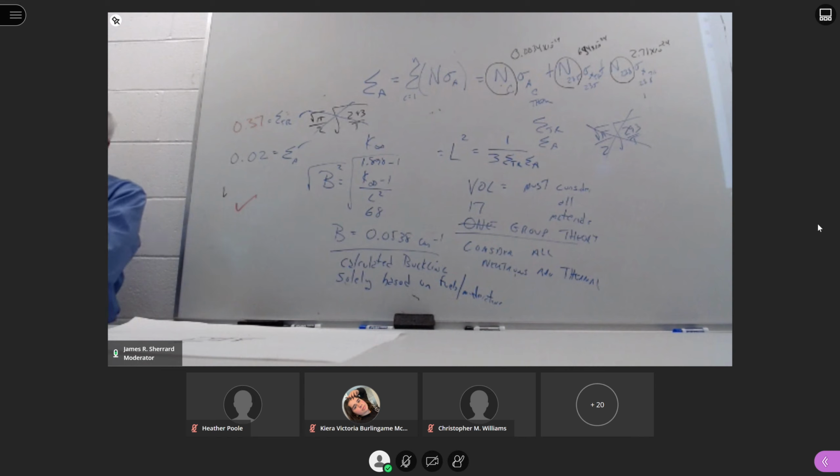This will be due at the start of class on Wednesday. So again, for the quiz we just had where we calculated K infinity, and we had a unique fuel moderator mixture of beryllium, U-233 and uranium-238, I want to know what buckling is.